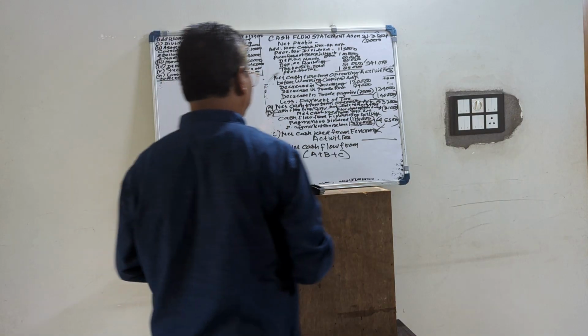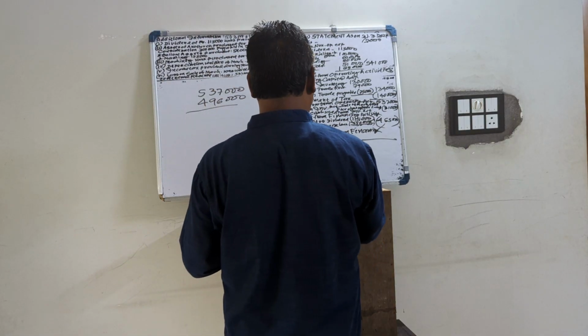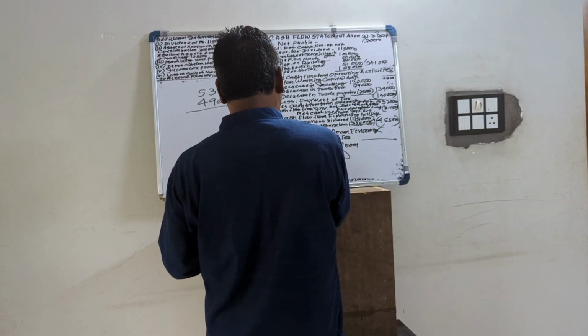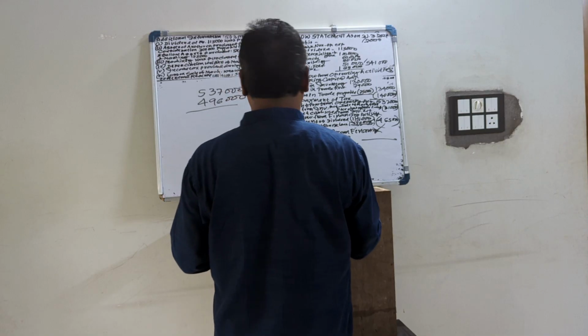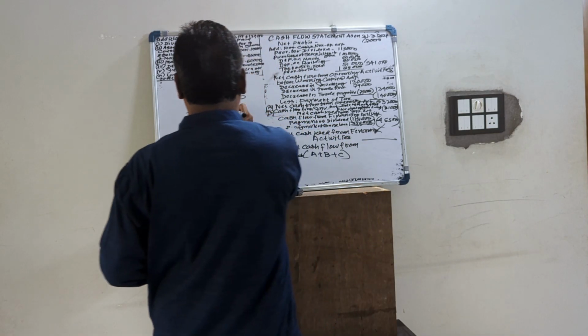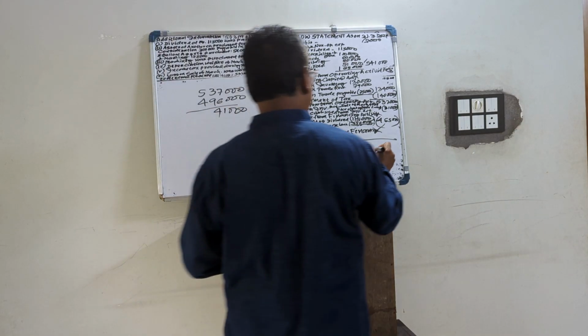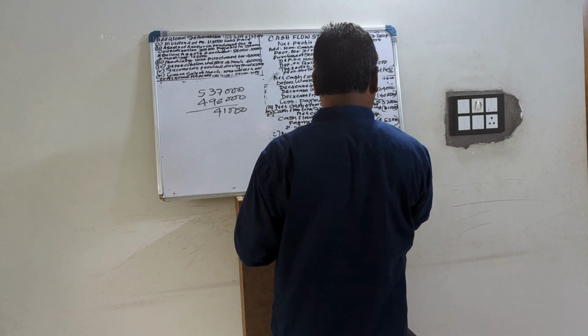So net cash flow from all the activities comes to 41,000.